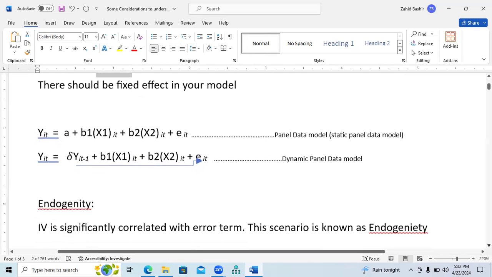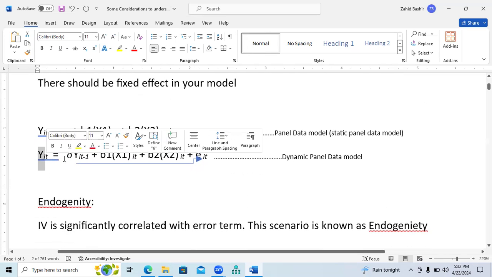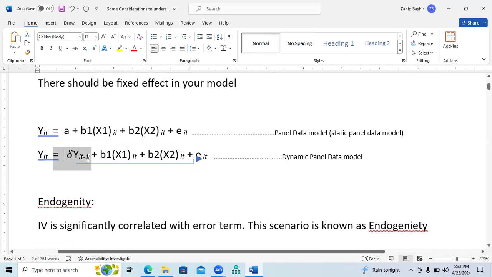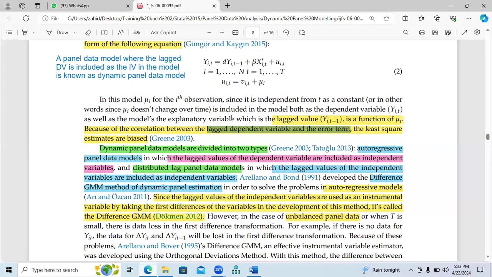Additionally, the lag value of your dependent variable would be considered as an independent variable, and it would influence the dependent variable. And also the lag value of the dependent variable would be correlated with the error term, which may cause an endogeneity issue. So whenever there is an endogeneity issue in a model, it is used to consider an estimation method like GMM.